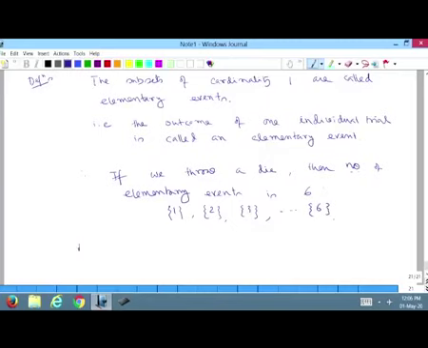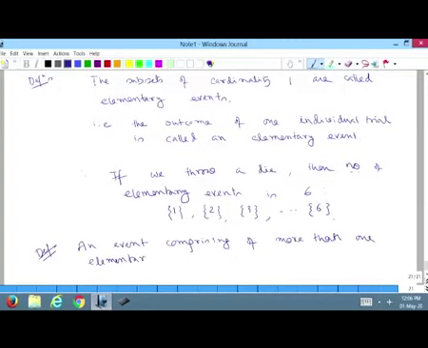An event comprising more than one elementary event is called a compound event.